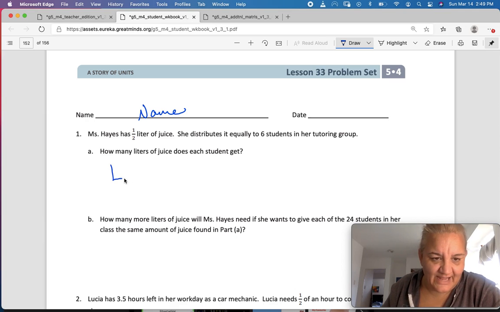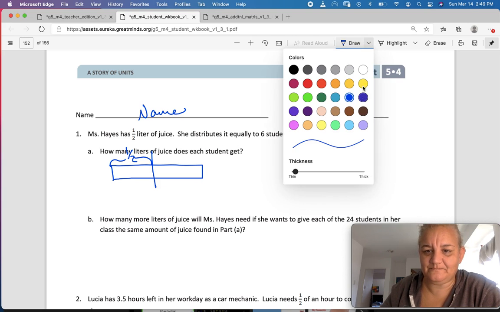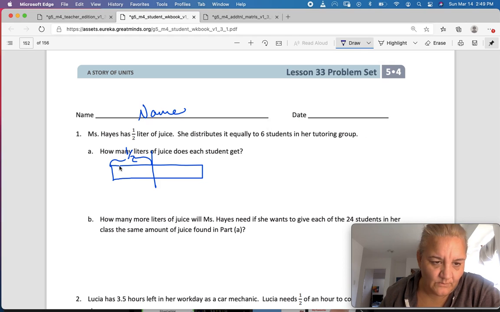Well, here is our half liter. I'm going to draw a big line here. This is a whole liter, and this is our half of a liter. And she's going to divide it between 6 students. So 1, 2, 3, 4, 5, 6. So how much does each student get?